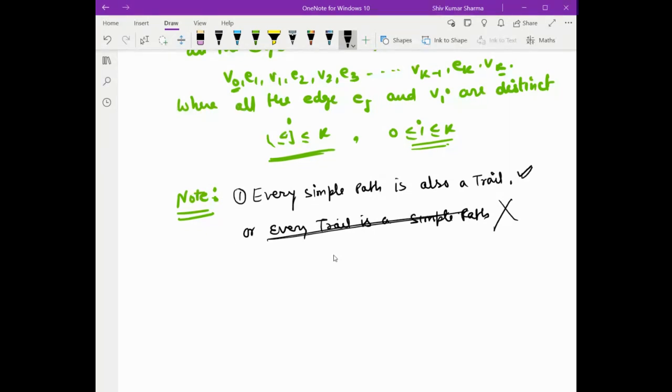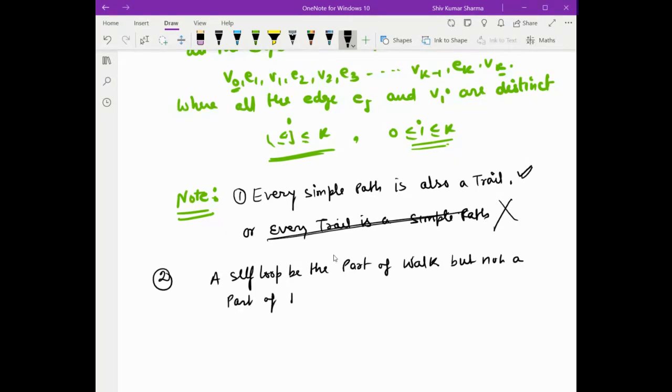You can understand. Second, a self loop can be part of a walk, but not a part of a path. Understand?